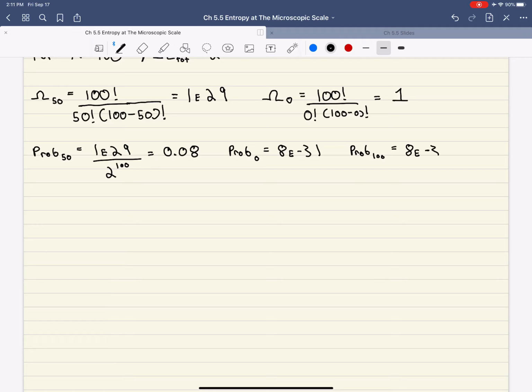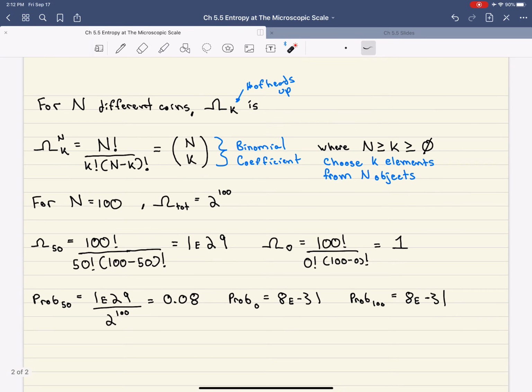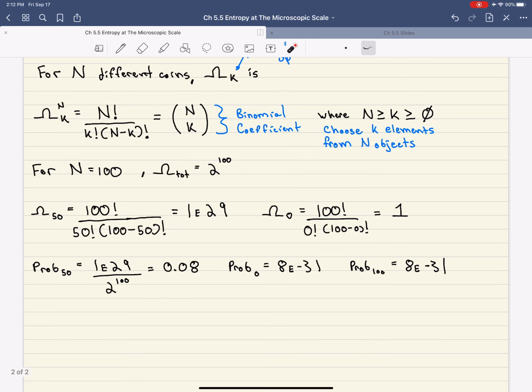And so the probability that you would get 50 coins face up, even though it's a small probability, is still orders of magnitude more likely to happen than getting all your coins face down or all your coins face up. We could compare that to the case where we only had 2 coins, where the probability of half of them being heads up was 50%.